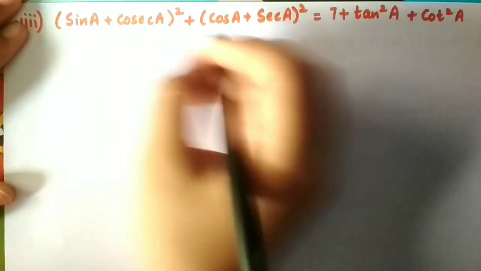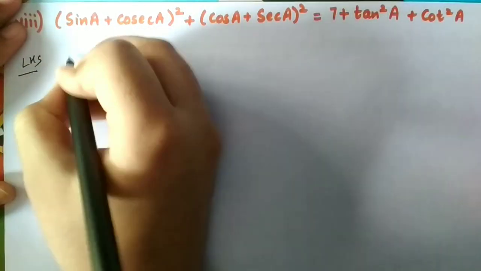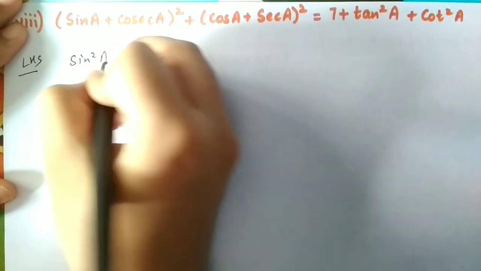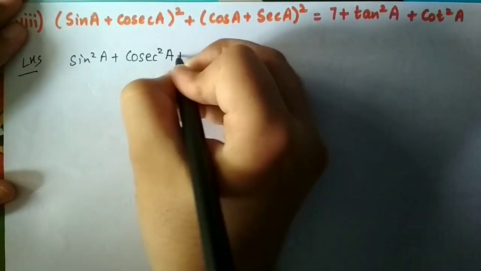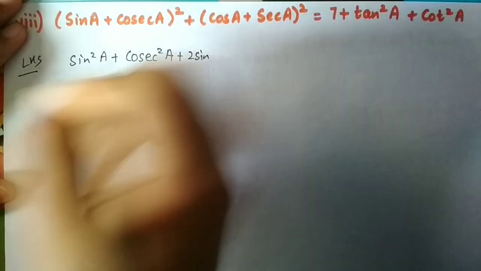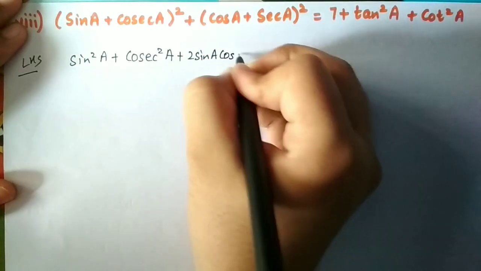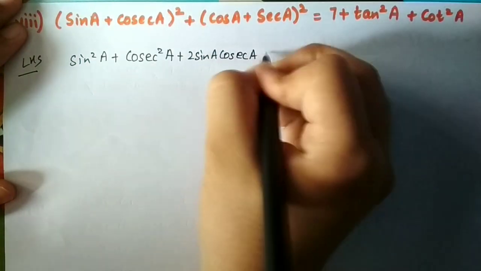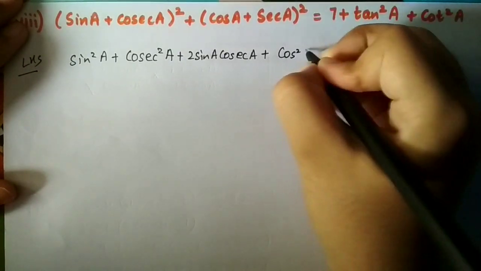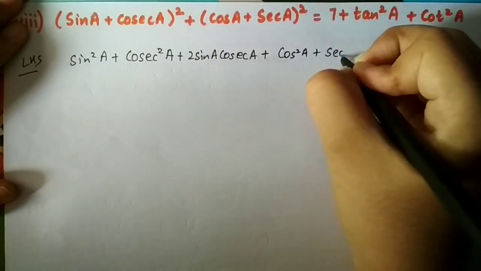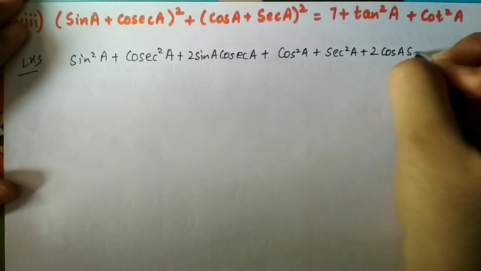So what you have here, you have left hand side is equal to sin square a plus cosecant square a plus 2 sin a into cosecant a, as a square plus b square plus 2ab. Plus, open this bracket also, you have cos square a plus secant square a plus 2 cos a into secant a.